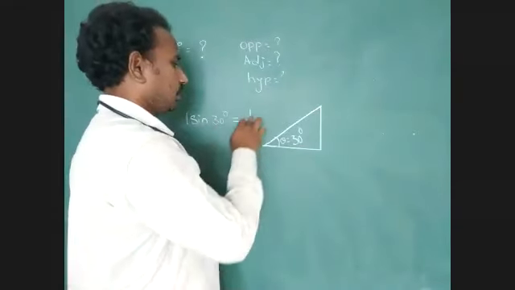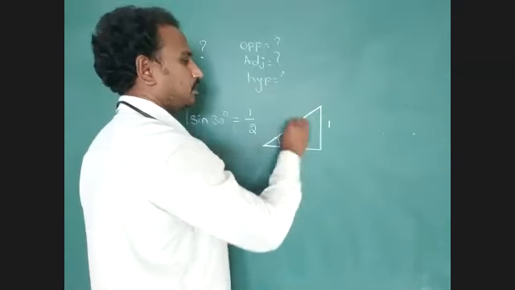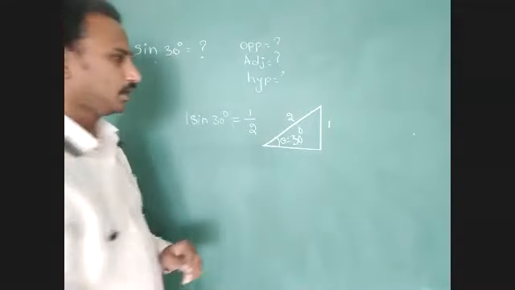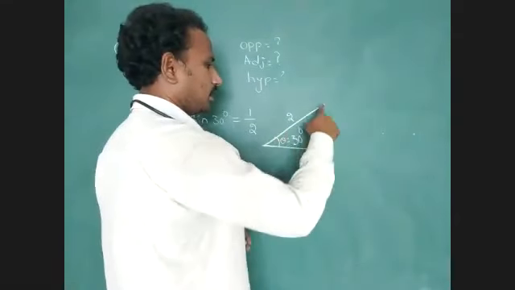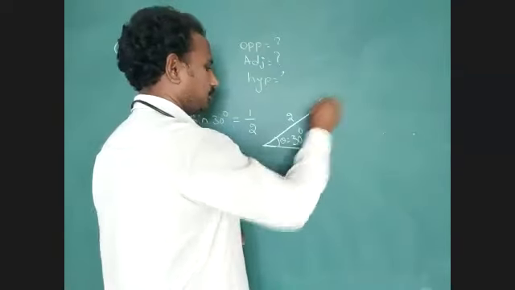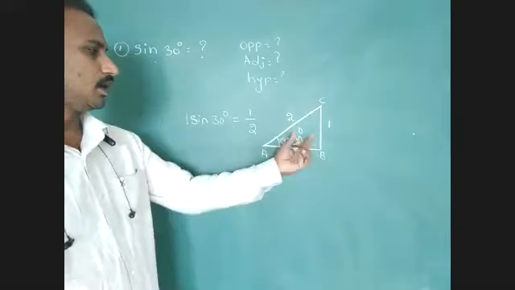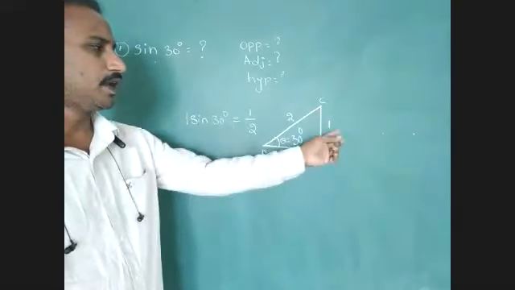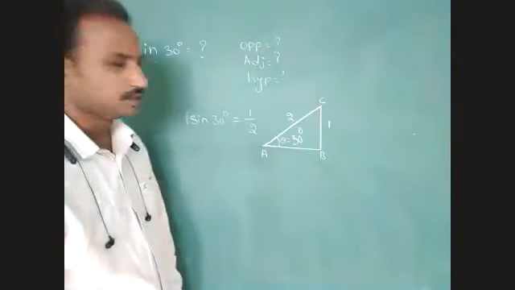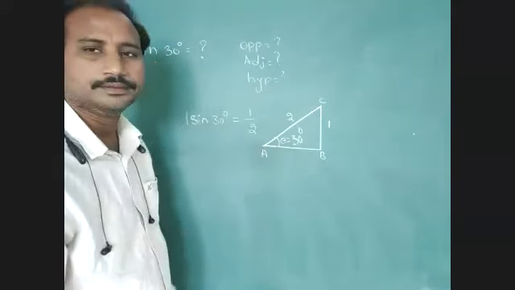Now here 1 by 2: 1 represents the opposite side, 2 represents the hypotenuse. Identify the side opposite the angle; we represent it as BC. ABC is a right angle triangle. So the side opposite the 30 degree angle is BC. BC value equal to 1. AC value equal to 2.